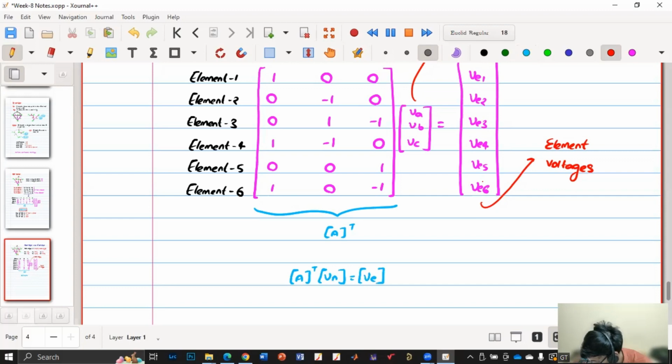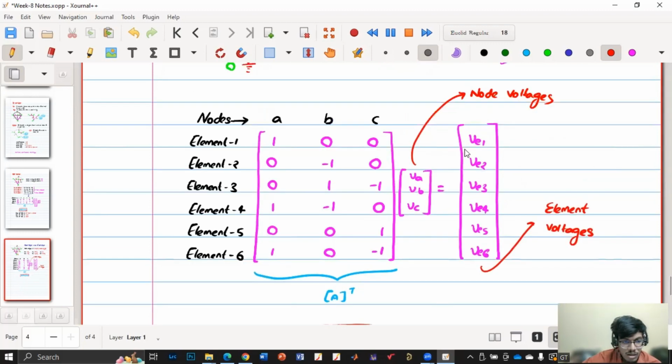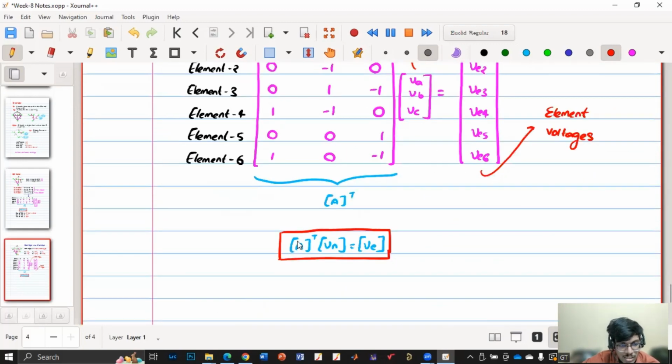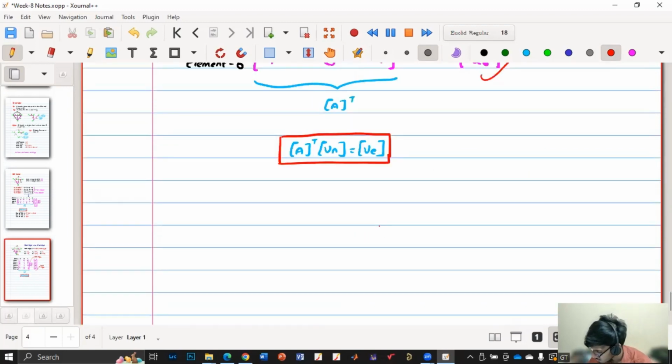So this is our expression. So for each analysis, we'll be getting two equations. One is matrix into something is equal to 0, and the other one is matrix transpose into something equal to something else.